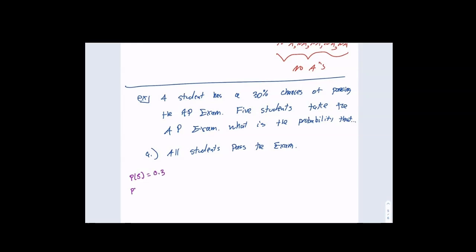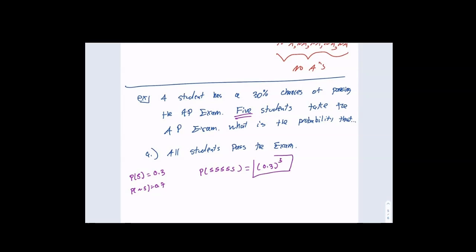And what's the probability a student fails or doesn't pass the exam? 0.7. Now that's for an individual student. So now we have 5 students who have taken it. So what is the probability that I get success, success, success, success, success? 0.3 to the power of 5.